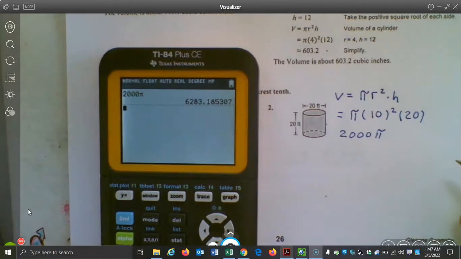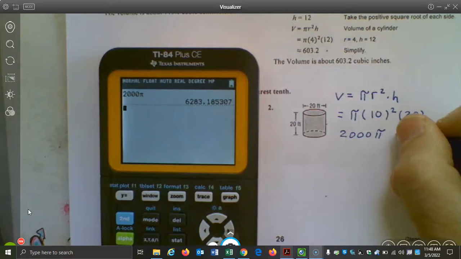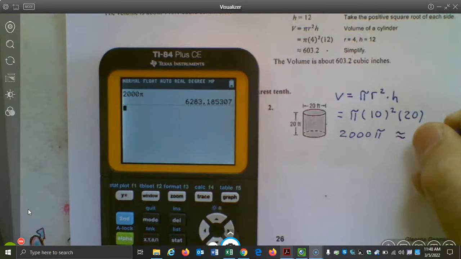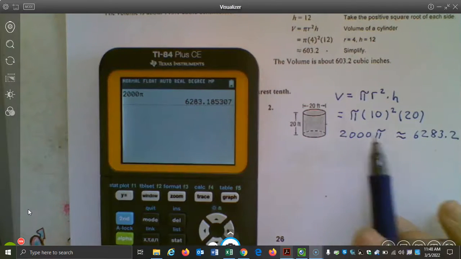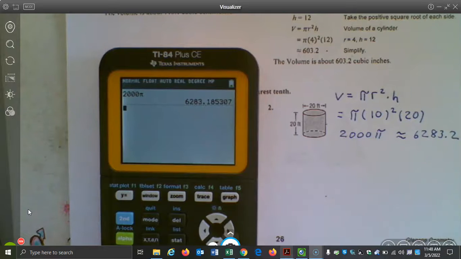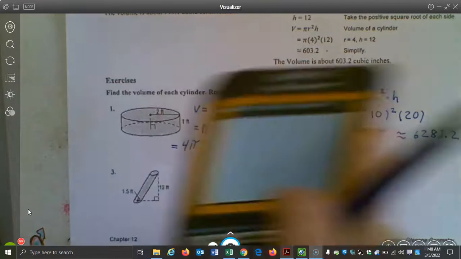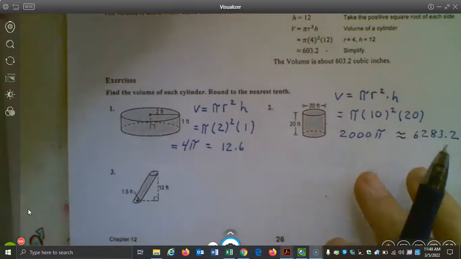And we would call it 6,283.2. Always make sure we round accurately. 6,283.2. And there's our volume. So we have a rounded answer, we have an exact answer. Always good to know how to do both, just so that we can always do whatever the directions ask you for. And let me give you one last one.